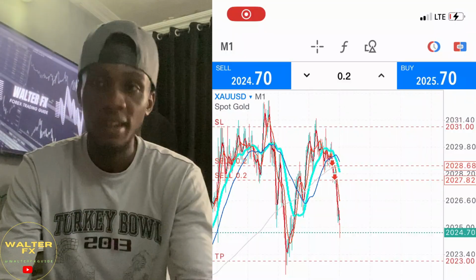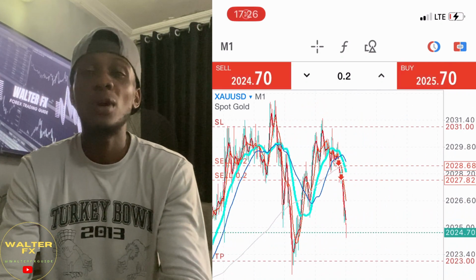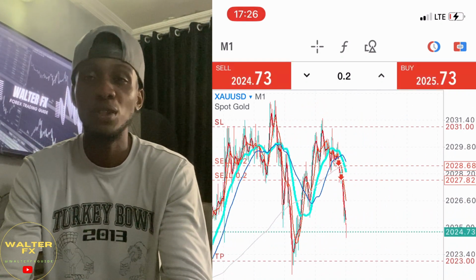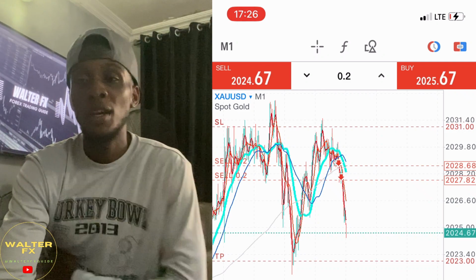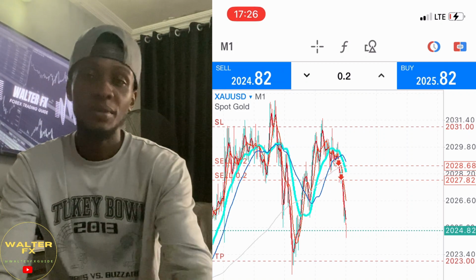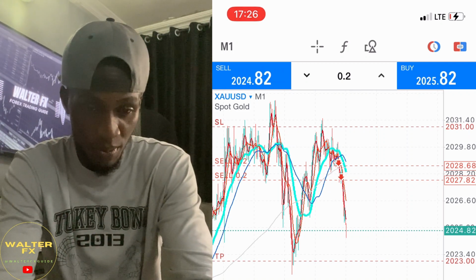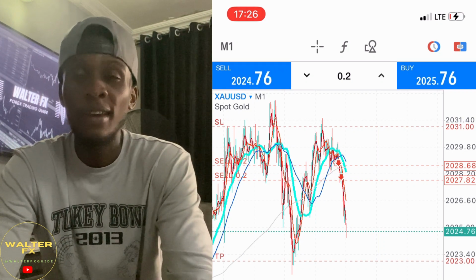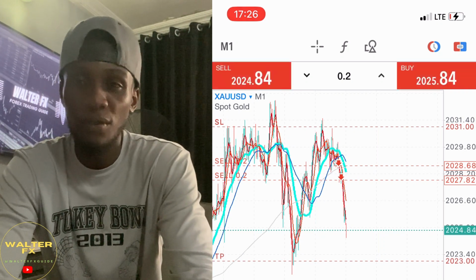So I'm going to use this trade example right here to show you how a 1 to 2 risk reward ratio presents itself. As you see here, I am trading gold. I saw the setup right here showing me that okay, a double top has formed.